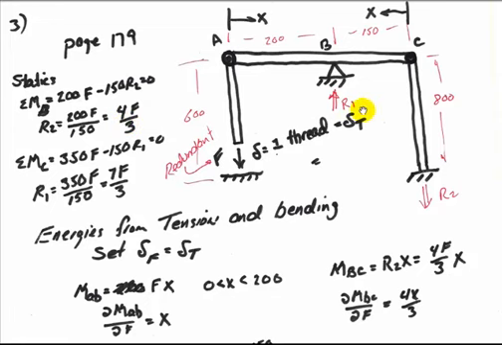If I want to find the reaction R1, then I can sum moments about point C if I wish. I'm sorry, R1 is here. If I want to find that moment R1, I can sum moments about point C, and that will involve F and R1. F will have a moment arm of 350. R1 will have a moment arm of 150. So 350F minus 150 R1 equals 0. Gives me R1 is equal to 7F over 3.